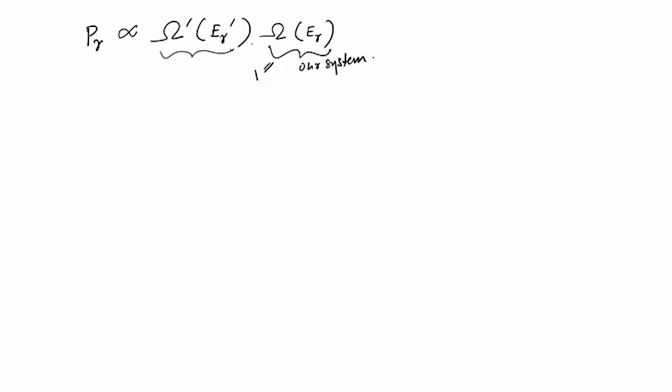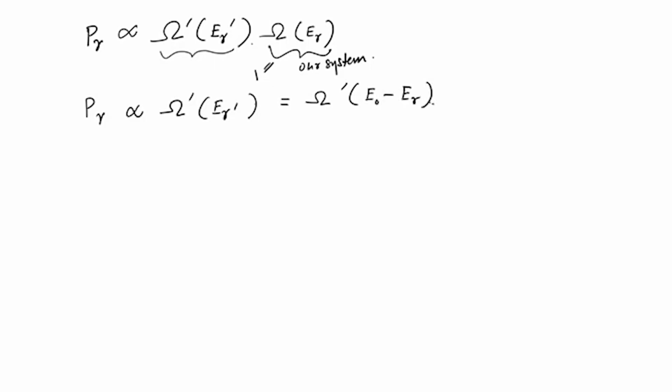So, this is the probability that our system is found in an energy level E r, which is proportional to omega prime E r prime, because this is equal to 1. So, I will write it once again: this is omega prime E r prime, and this is equal to omega prime times E 0 minus E r.